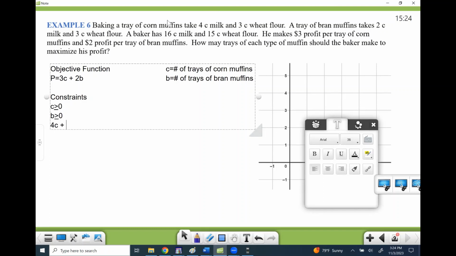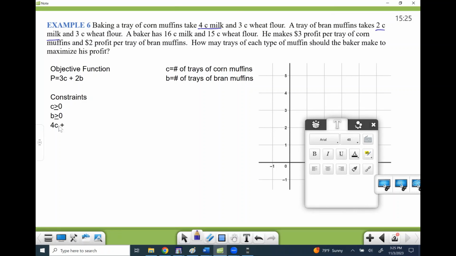And then right here, 2 cups of milk for the bran muffins. To recap, the corn muffins will take 4 cups of milk and the bran muffins will take 2.